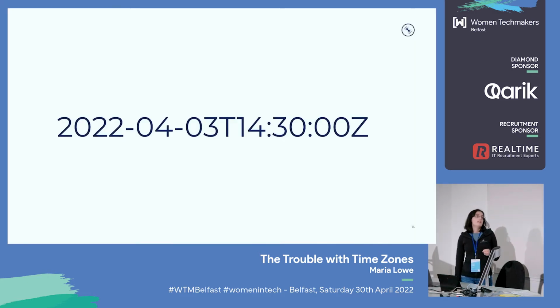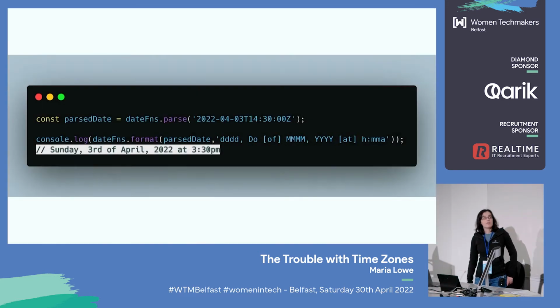So now that we've decided we're going to store everything in UTC, you'll notice our string from earlier now has a Z at the end. This is shorthand for saying that this time is in UTC. And so if we want to convert this to the equivalent time in, say, London, we can pass it to our library of choice. I've chosen JavaScript's date-fns just for an example.